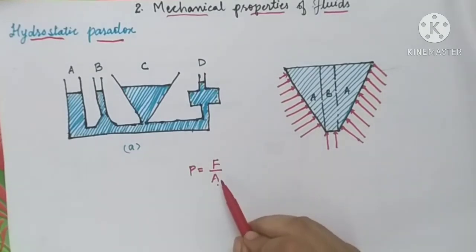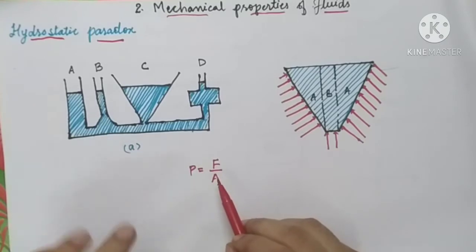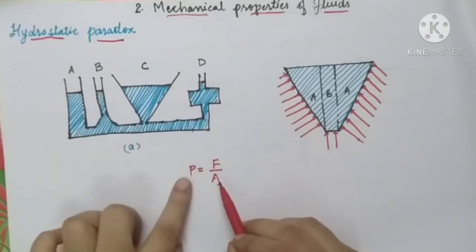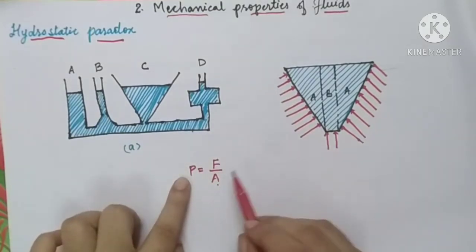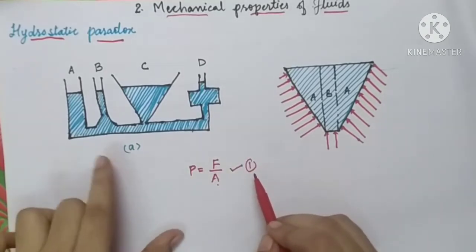Greater the base area of the container, smaller will be the pressure exerted by a liquid, or vice versa. Smaller the area, greater is the pressure exerted by a liquid. That's the first thing we should remember before studying this paradox.